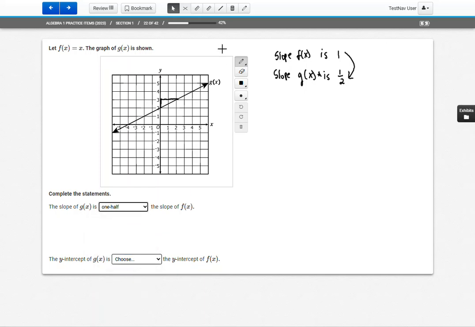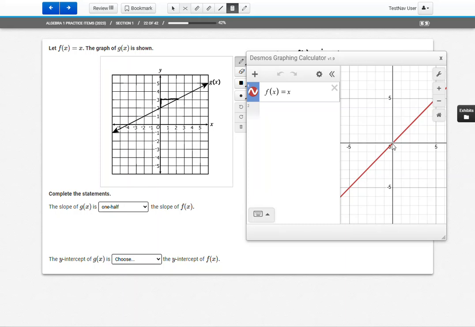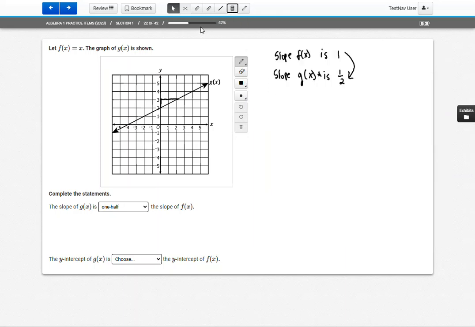Now let's look at the y-intercept. Well, the y-intercept for f of x is 0, right? So let me write that down here. So the y-intercept for f of x is 0, and then the y-intercept for g of x, let's see, is at 2.